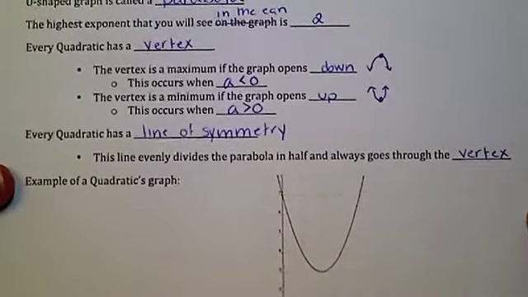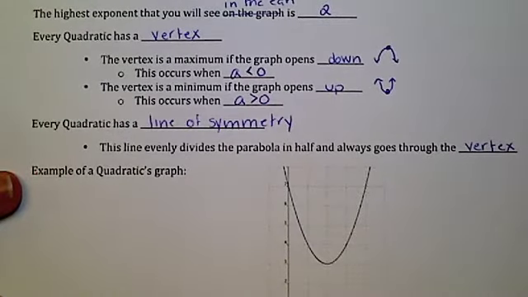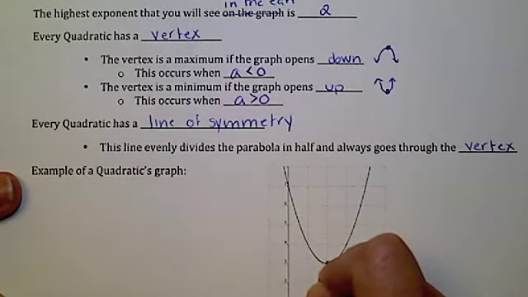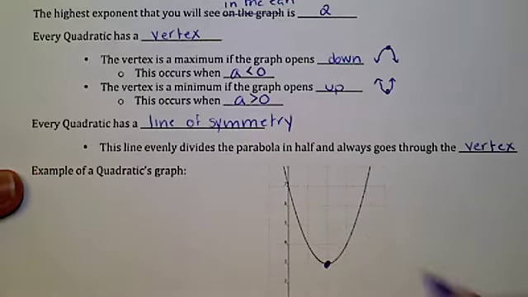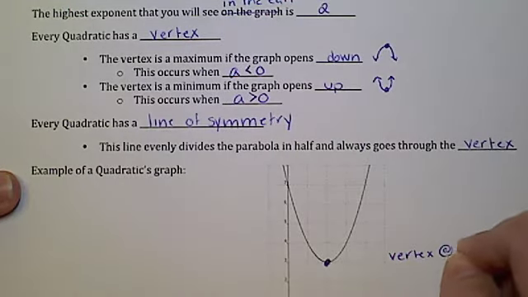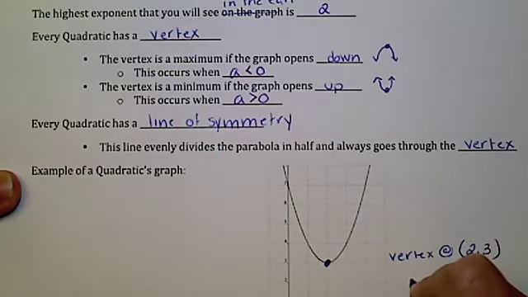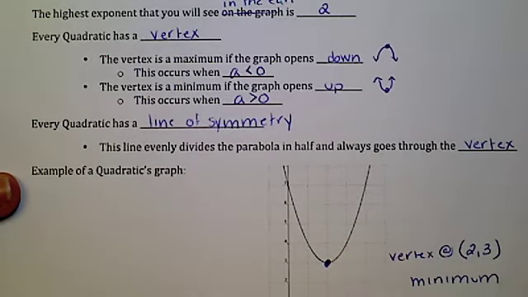So just taking a quick look at the graph here. On this graph, this parabola, this quadratic, we would have a vertex, which is a minimum. The vertex is at, looks like 2, 3, and it is a minimum. The lowest point on the graph.